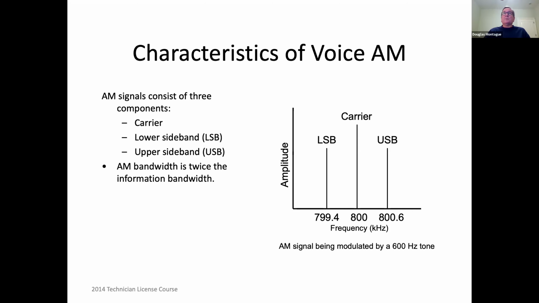Is it as simple as saying that whether the lower or the upper side, for instance the voice, if it's 600 hertz, it's going to be 600 to the upside and 600 to the downside?